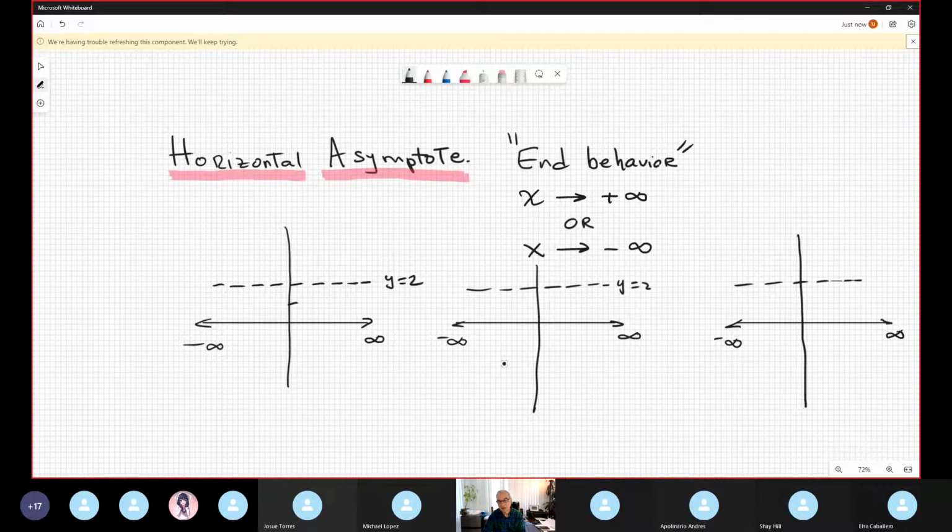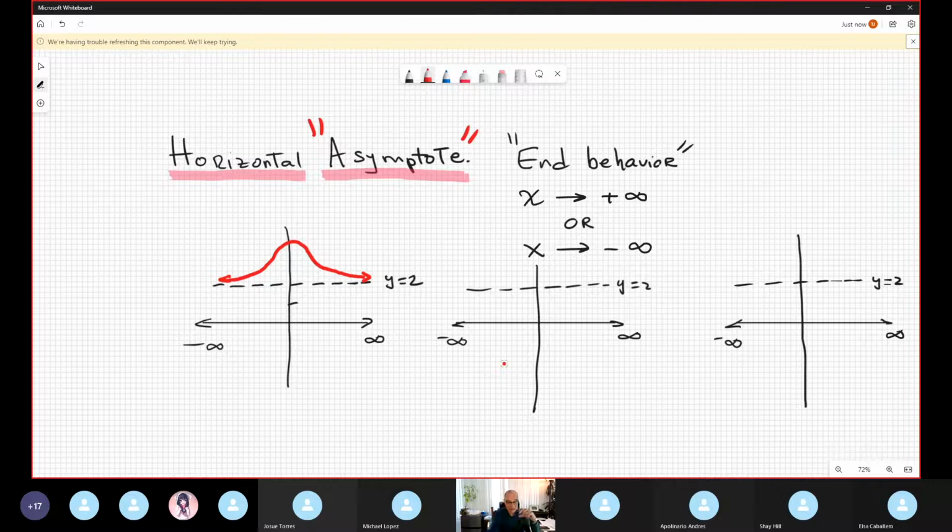Okay, so one possibility is that our curve looks like that, or down, it doesn't matter. It approaches the asymptote, and as you know, the asymptote is never touched.